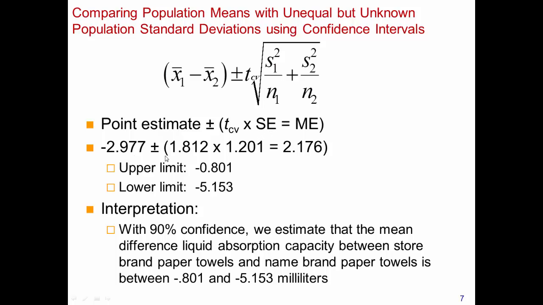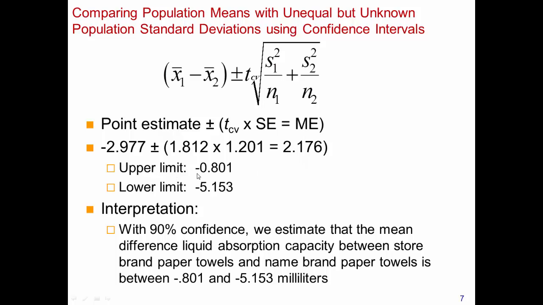If we populate it with the values that we found on the previous page, the point estimate is negative 2.977, which is the mean of our group 1, the store brand paper towels, minus the mean of our brand name paper towels. We get negative 2.977, plus and minus 1.812, which is our t-critical value that we found from Excel, times 1.201, which is our standard error, and we get 2.176. So our margin of error is 2.176.